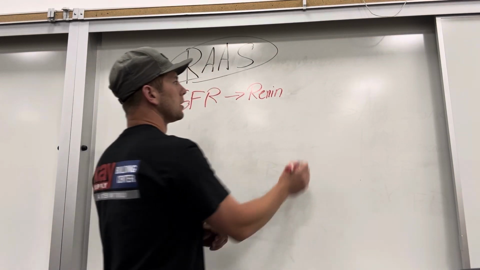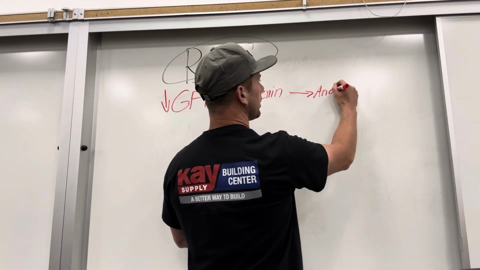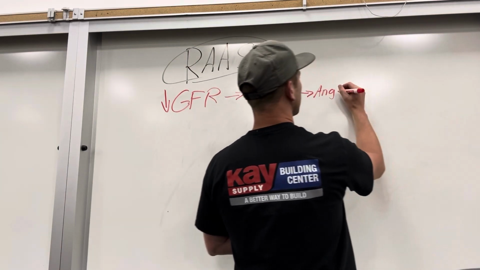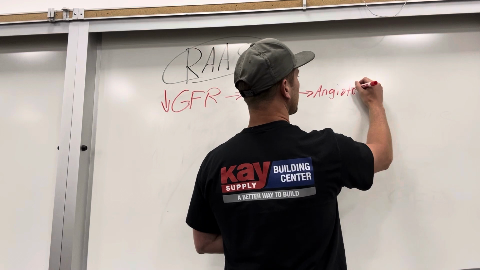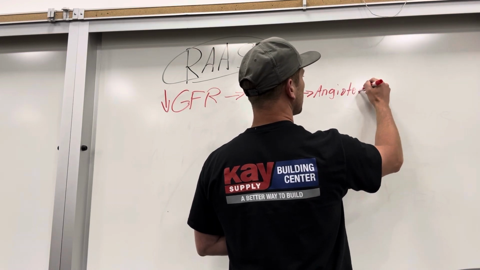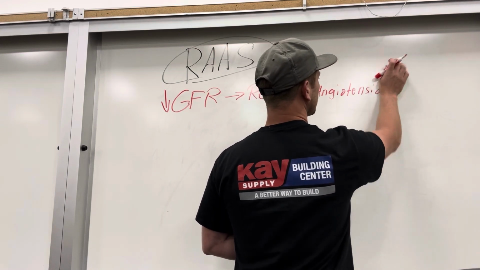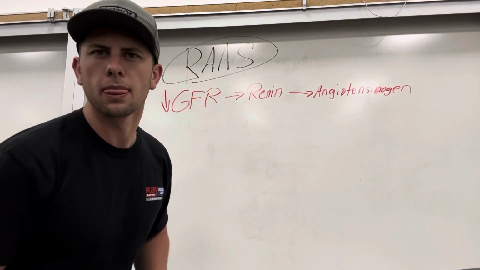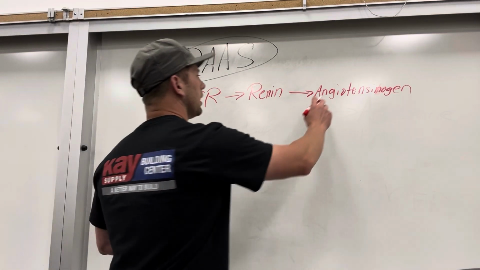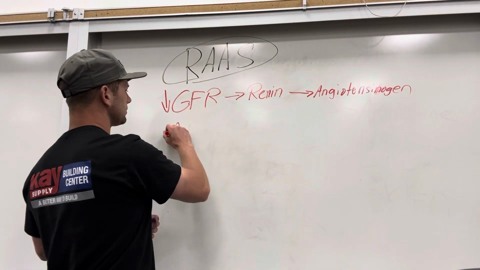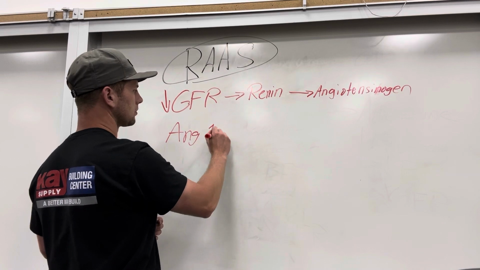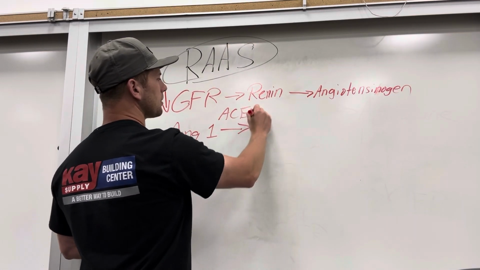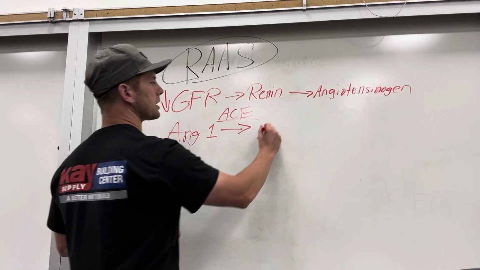And renin will turn angiotensinogen into angiotensin 1, Ang1, and through an enzyme called ACE, we convert it to Ang2.